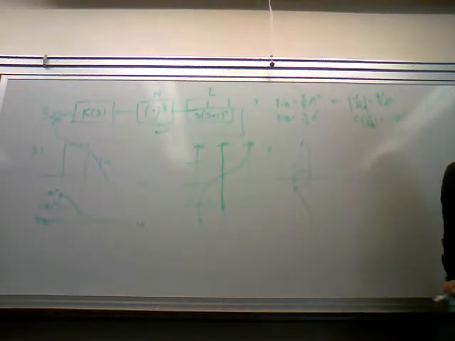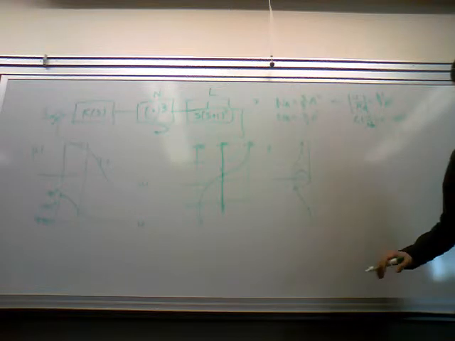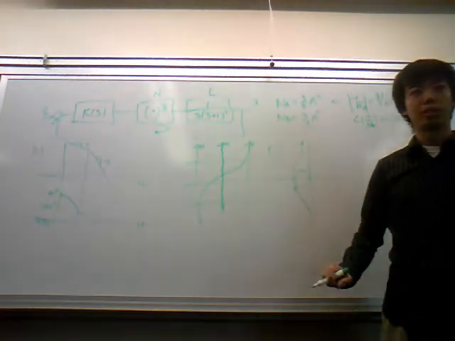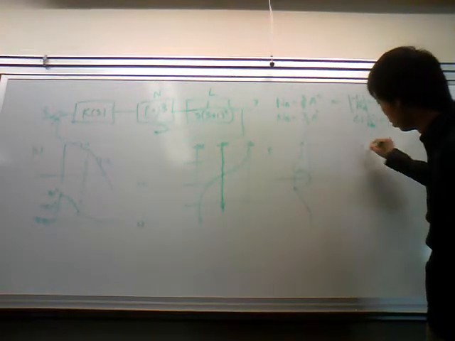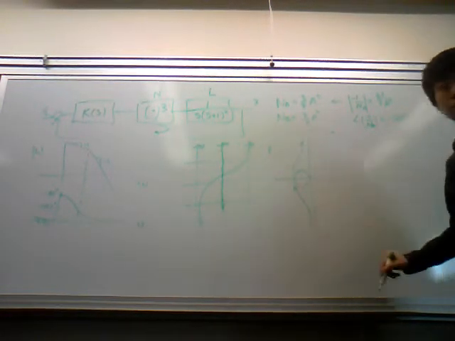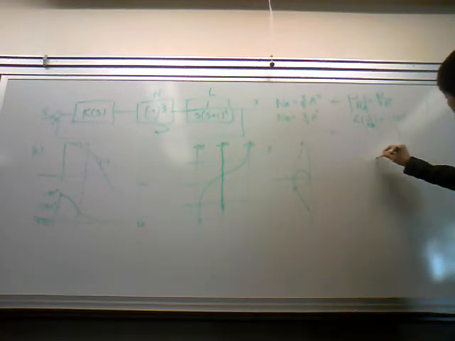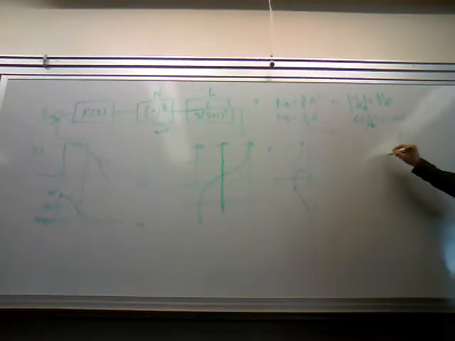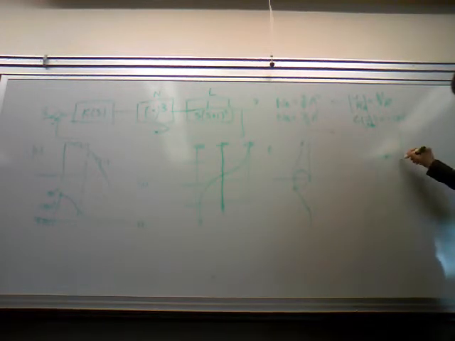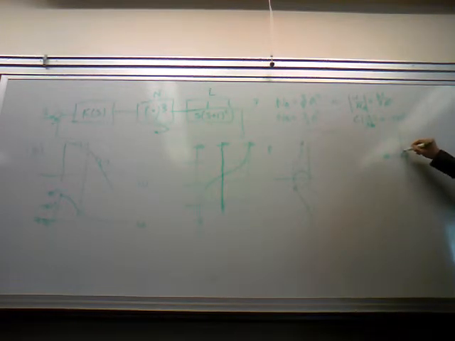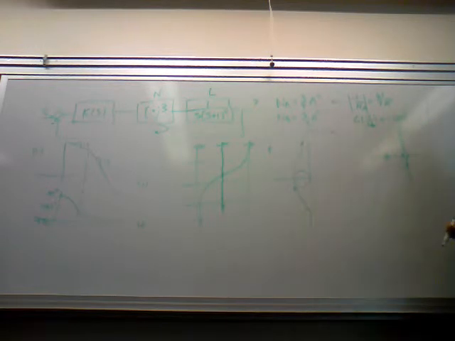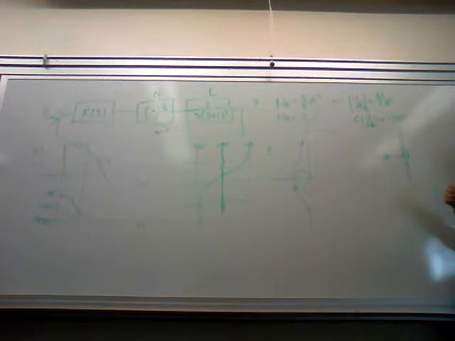Which way does it go when it goes to infinity? Here you could tell by inspection there's only one pole at the origin, so it's going to go this way. But you can verify it yourself if you just draw out the poles on the real imaginary plane, and work your way around this pole at the origin, right?